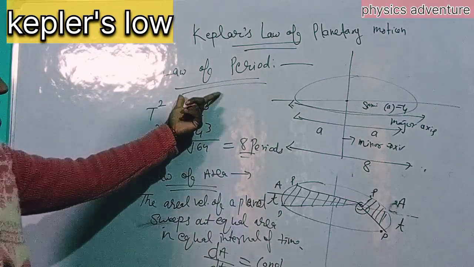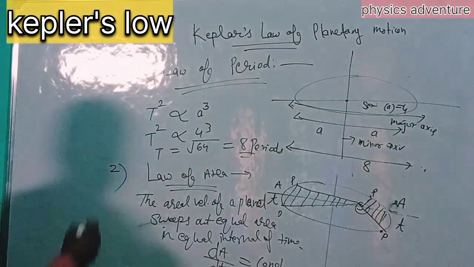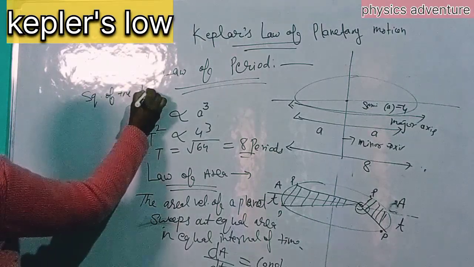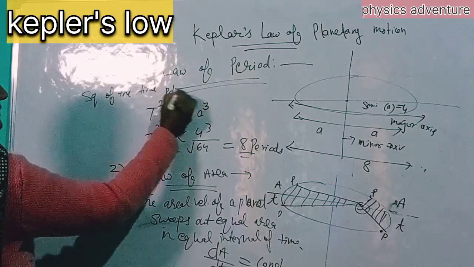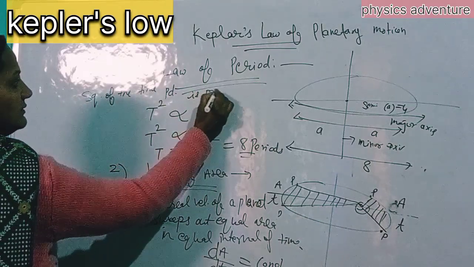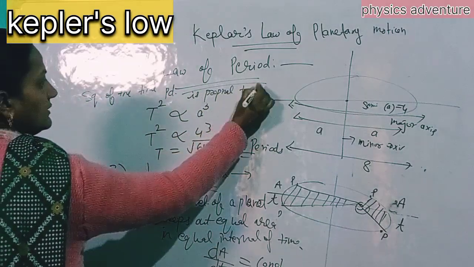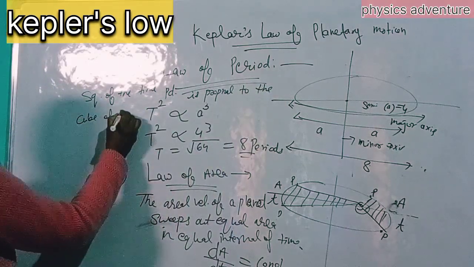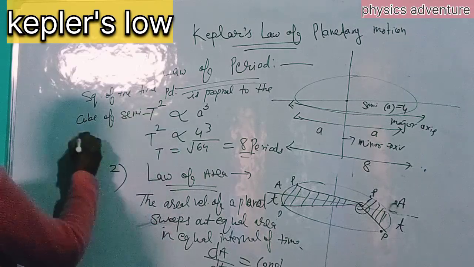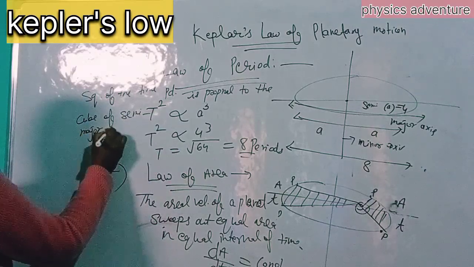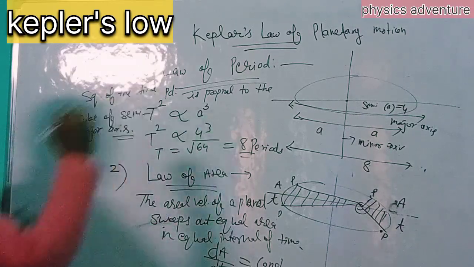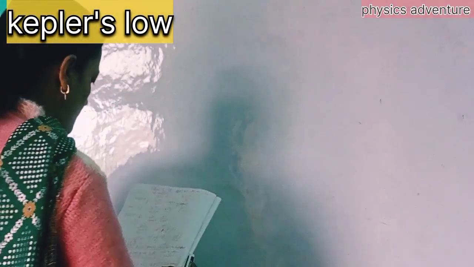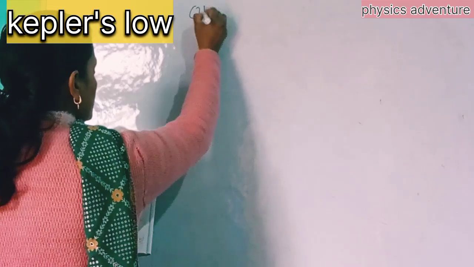So we can say that the square of the time period is proportional to the cube of the semi-major axis. This is called the law of period. So you have to do it.